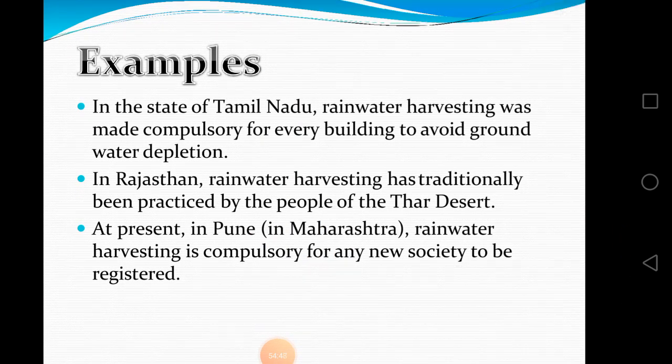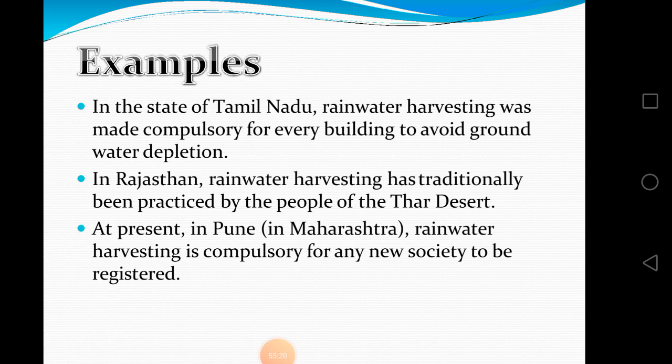In the state of Tamil Nadu, rainwater harvesting was made compulsory for every building to avoid groundwater depletion. And in Rajasthan, rainwater harvesting has traditionally been practiced by the people of the Thar district. Because in Tamil Nadu, people are facing a lot of water scarcity, for that reason rainwater harvesting was made a must for each house. That is very important in this scenario, because we are facing a lot of water scarcity.